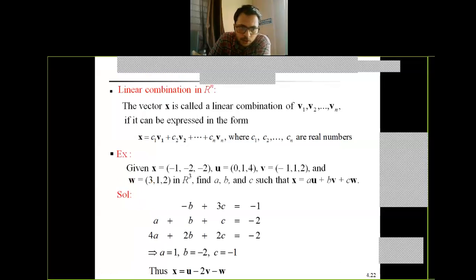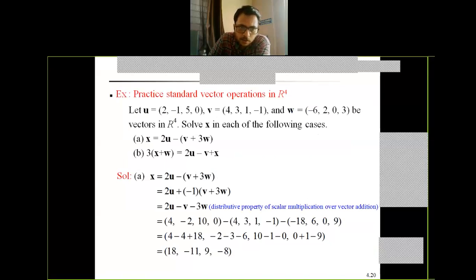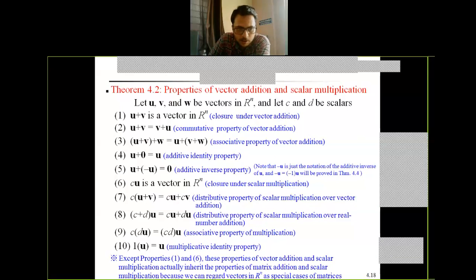In previous slides we have seen these 10 properties of vector addition and scalar multiplication, and they will be given to you as the 10 axioms, which need to be satisfied by a space to call it a vector space.